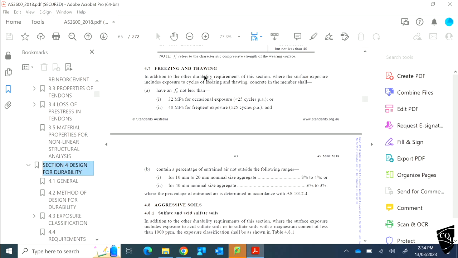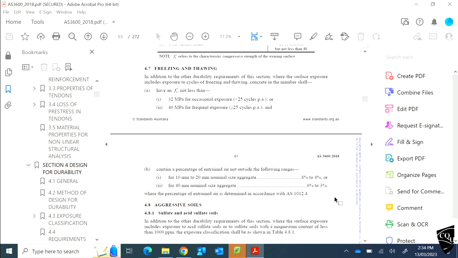Some water might go in, and when it freezes, the water volume will increase, especially around 4 degrees. There's a sudden change of volume in water. So in that case, we need to look at those conditions as well.